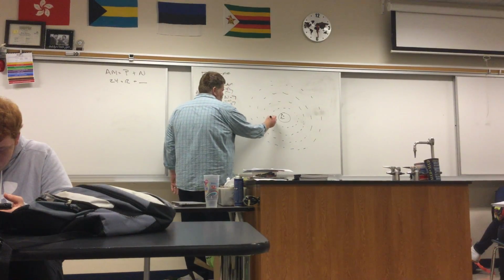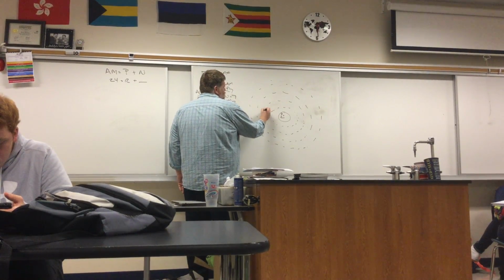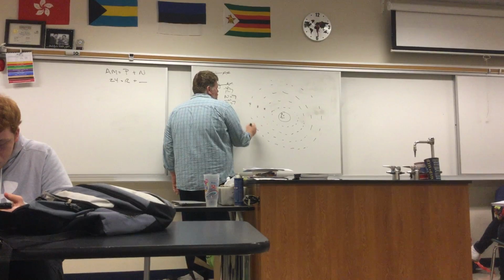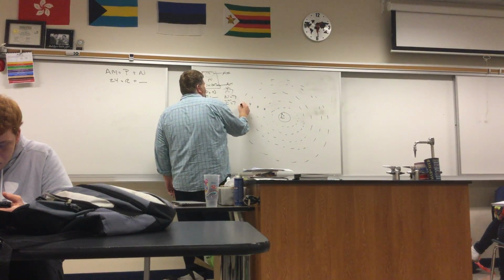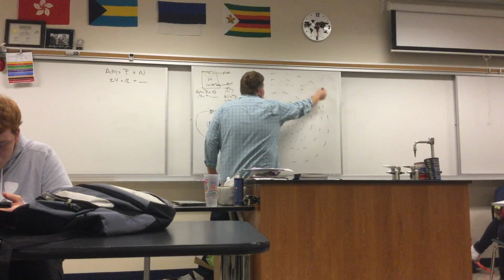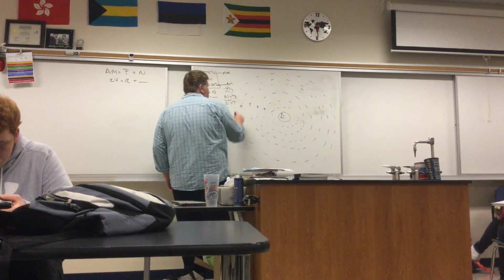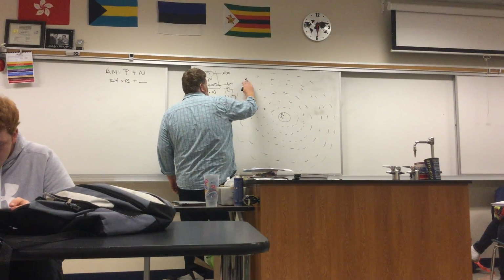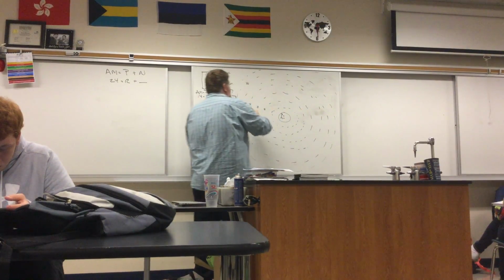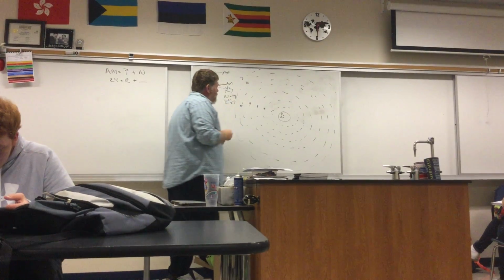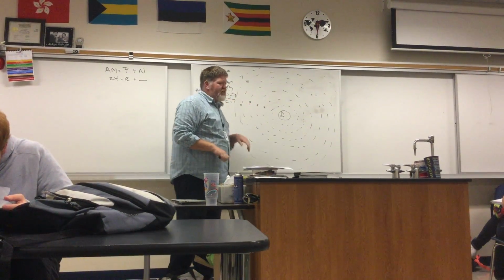So I have energy level 1, 2, 3, 4, 5, 6. And I'm not going to draw all of 7 because I'm lazy. So 1, 2, 3, 4, 5, 6, 7.